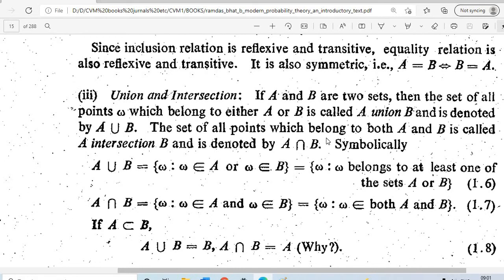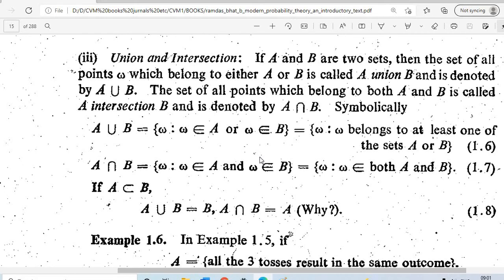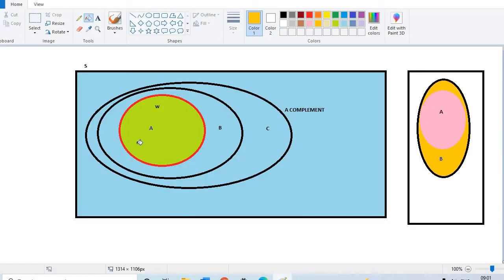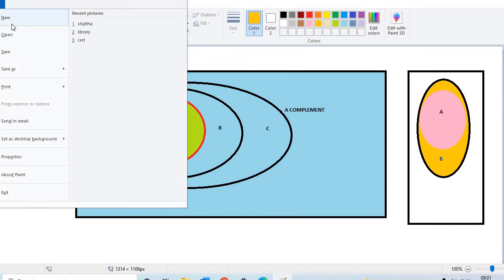Another is union and intersection. What is union? We consider two sets A and B. Union means the set of all points that belong to A or B. Putting together everything in A and B, that is union. Let us consider an example.